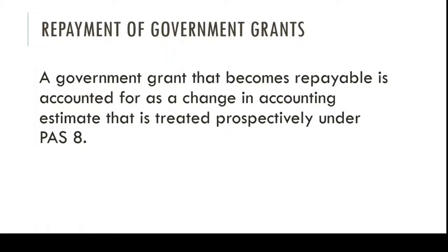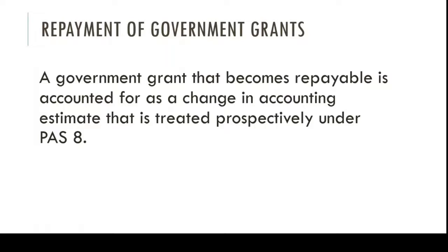So, for example, they receive money and the condition is to construct the building within 2 years. And what if the building was not constructed? Therefore, you need to return the grant to the government. That is the repayment, and it will be treated prospectively.